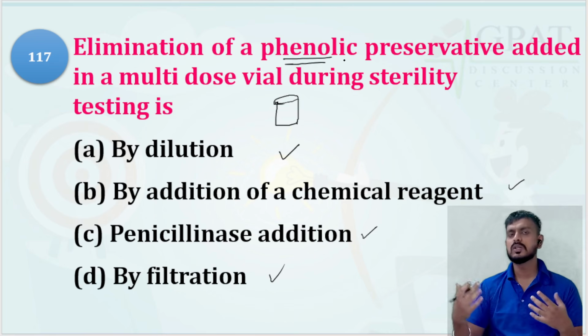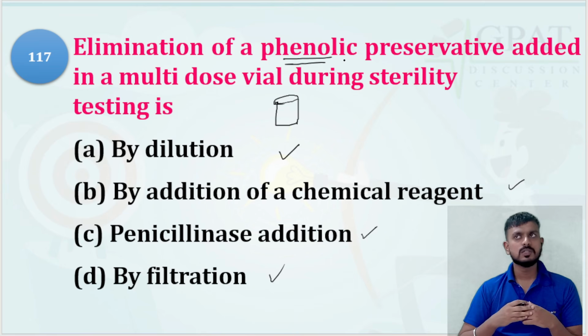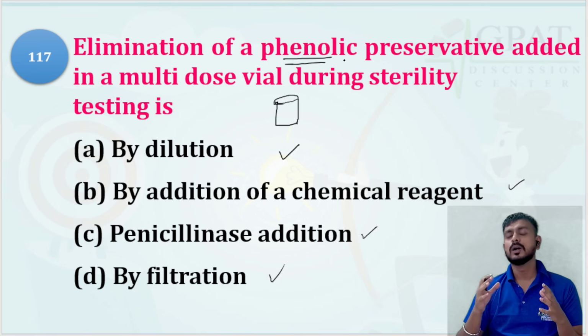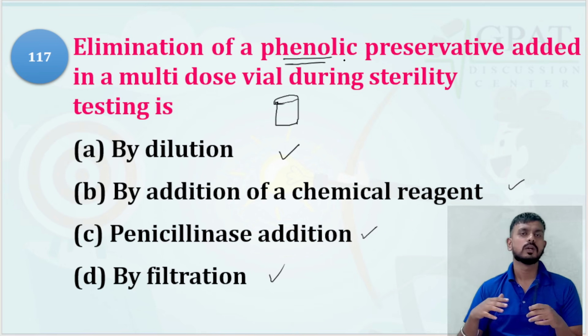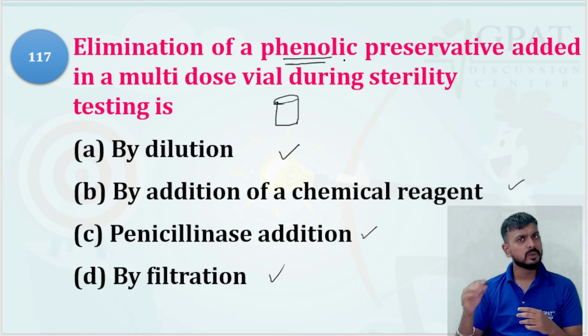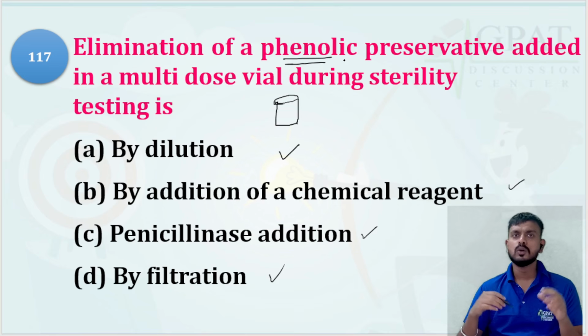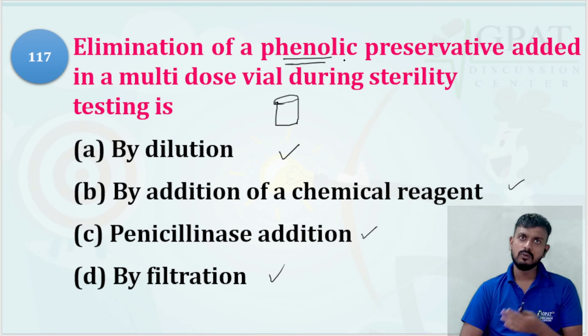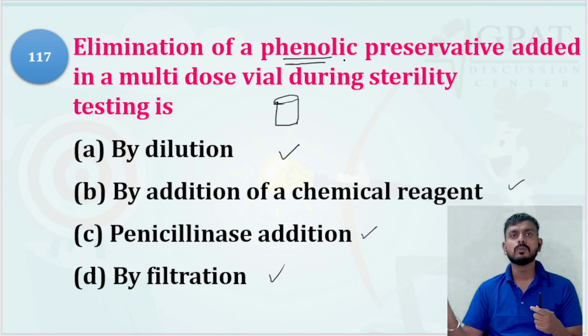Its function is to prevent the growth of microorganisms in the culture. So before going to sterility testing, we have to remove these preservatives, otherwise it will give a false negative result. If microorganisms are there, the phenol will reduce their number, and they will not be detected by the testing method. That's why we have to remove the phenol preservative from the product, and then only we go for testing.